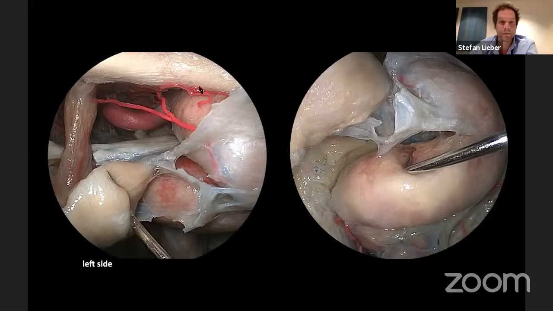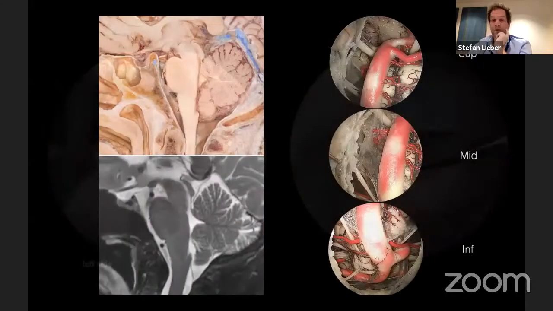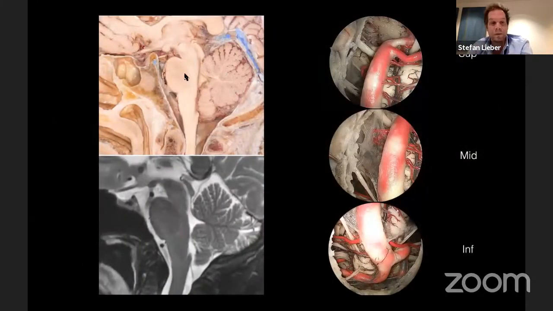Just briefly touching on this, this is essentially the sagittal plane on the 3 segments of the transclival approach. As I said, there is a superior third which correlates with the floor of the pituitary fossa, interpeduncular fossa, third nerve, PCA and SCA arteries accommodated in this space.